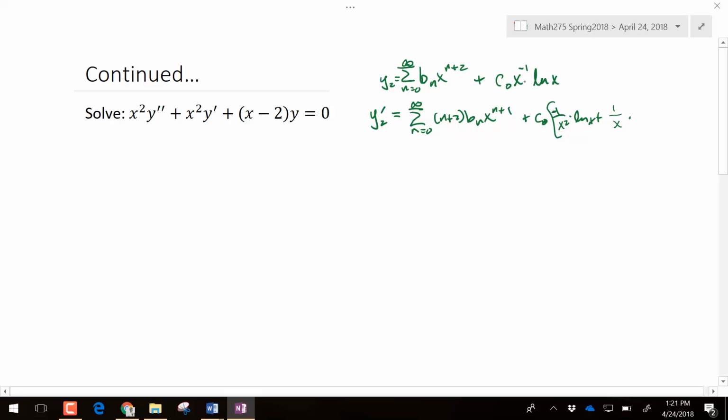So it's the first term times the derivative of the second, 1 over x squared. So our solution, how does this simplify? It simplifies to c sub 0 times 1 over x squared ln x plus 1 over x squared.